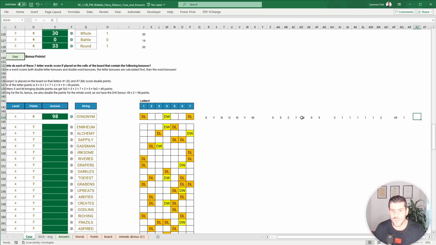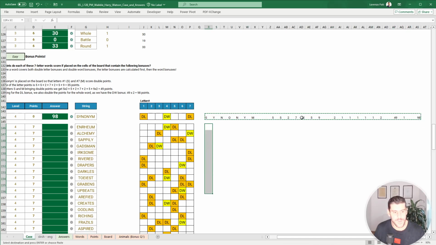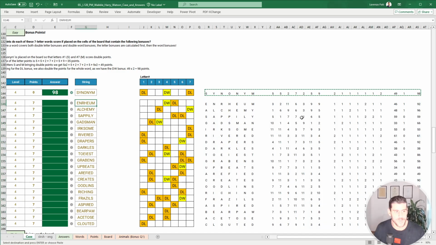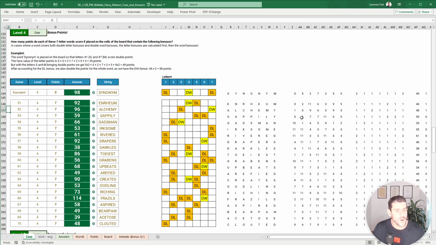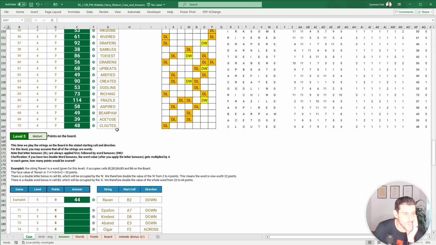This is a COUNTIFS, and then you say that you double for each DW you find, so times 2 to the power of this, I think it is, so 98, yes. And that's basically it also for this level, if I'm not mistaken. Yes. Okay, so that was level 4.